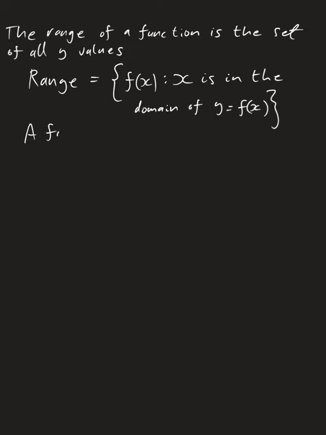A definition of a function is that it's just a rule which associates exactly one element of the codomain with each element of the domain. So that means there is one and only one y value for every x value in the domain.